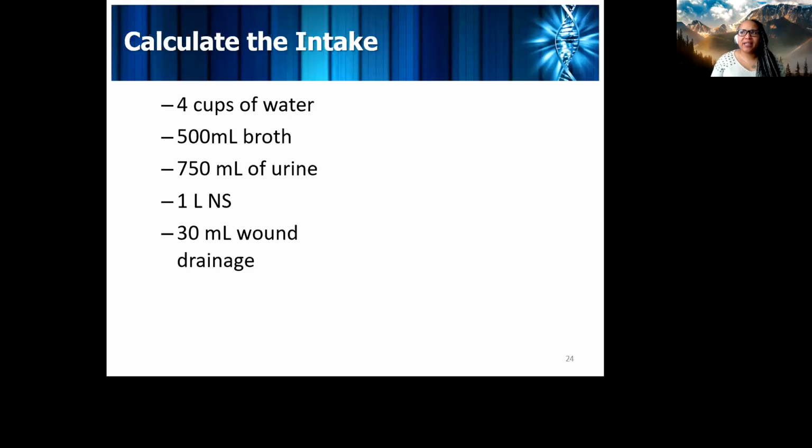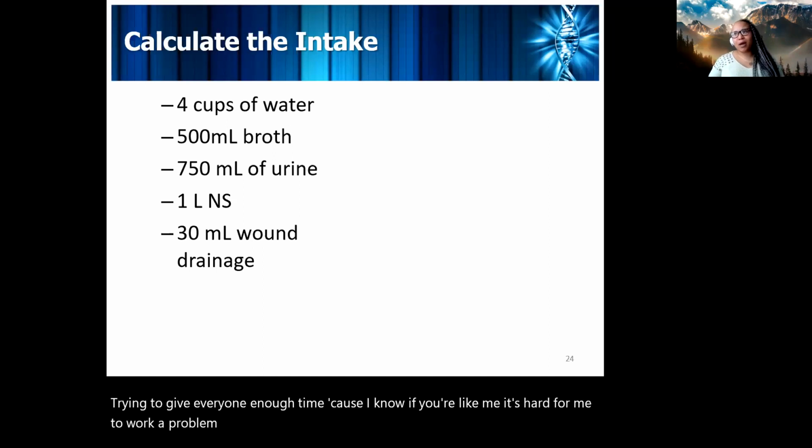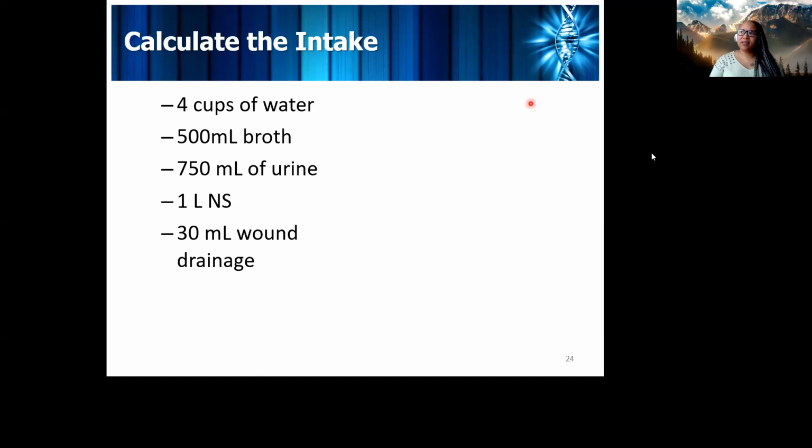When you are ready in the chat, say ready. Type ready. Trying to give everyone enough time, because I know if you're like me, it's hard for me to work a problem by someone reading the problem to me. I have to read it myself. Seeing lots of readies. Ready? Okay.